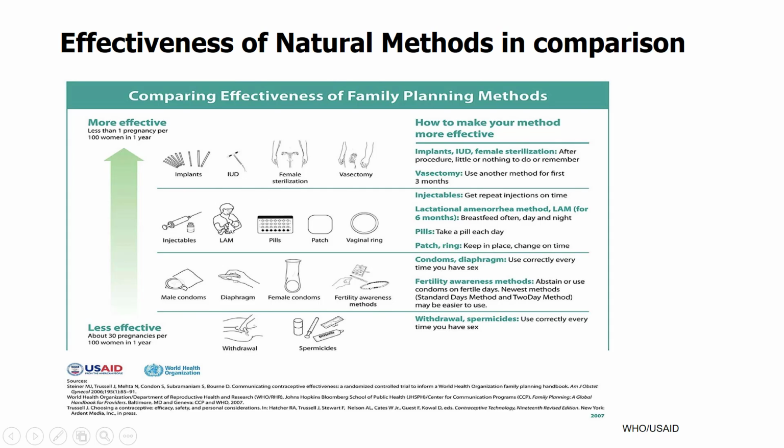On the second line, the lactational amenorrhea method is also effective, because it is used for 6 months only, when the mother is able to breastfeed often, day and night. On the third line, the fertility awareness methods are less effective compared with hormonal methods.